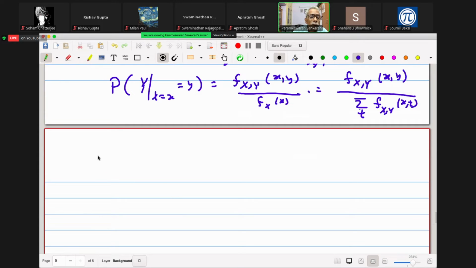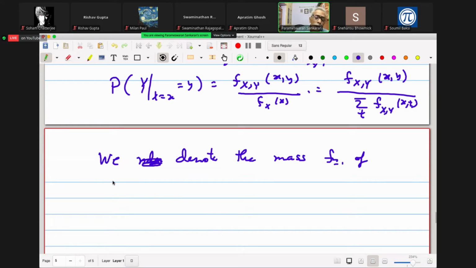Okay, so we denote the conditional mass function of Y given X equals x as f_{Y|X=x}.